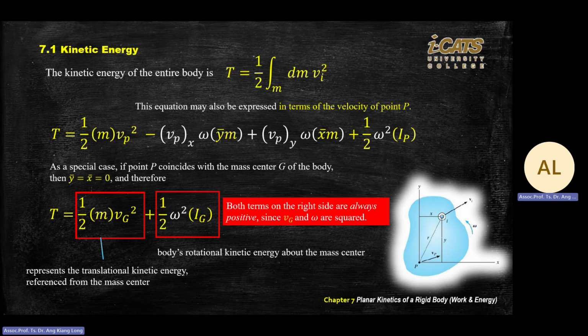So there are two effects. One is translation, which means moving in a straight line. If the object only moves in a straight line, you only arrive at half mv squared. If the question mentions rotation, or you see omega or alpha in the diagram, you need to include half omega squared Ig in the kinetic energy.